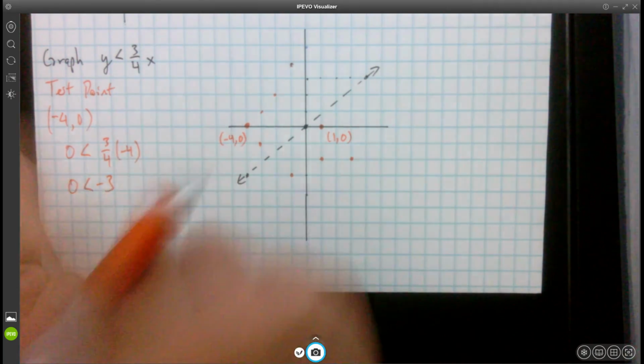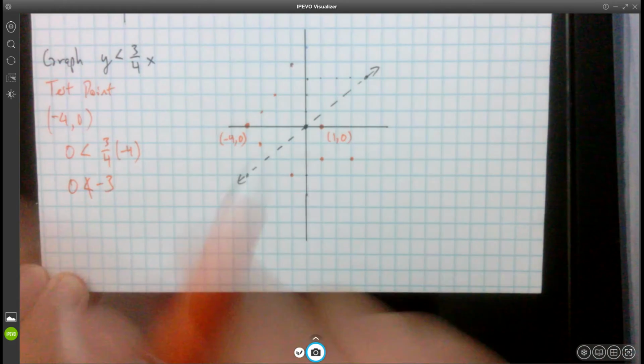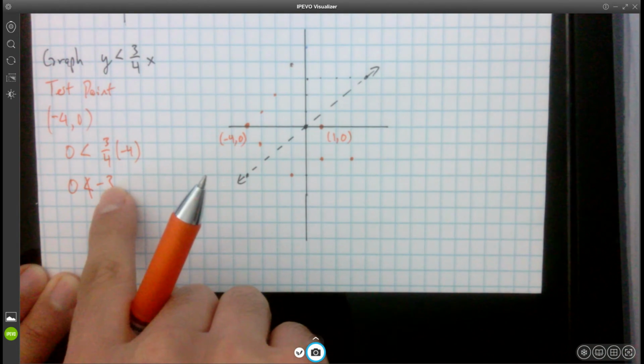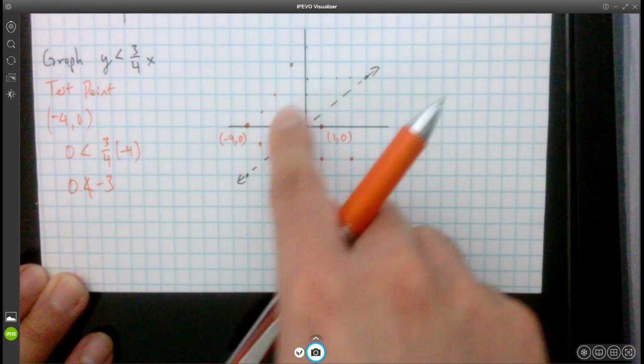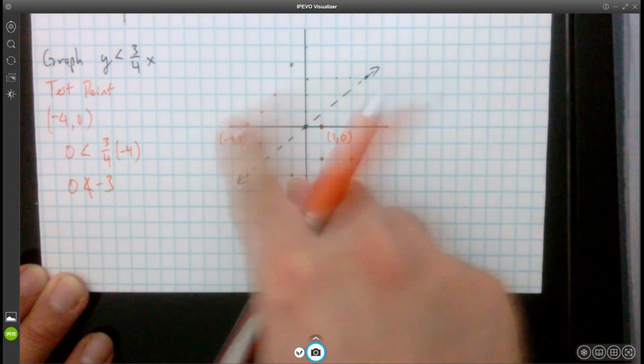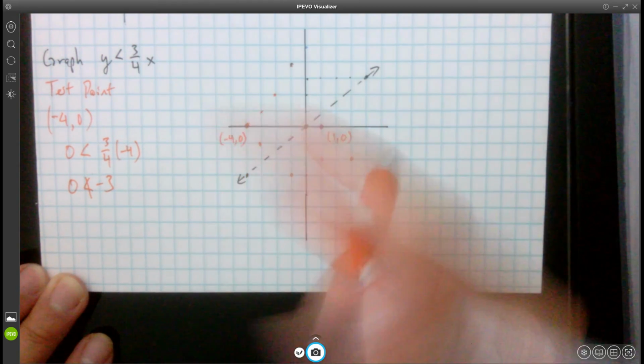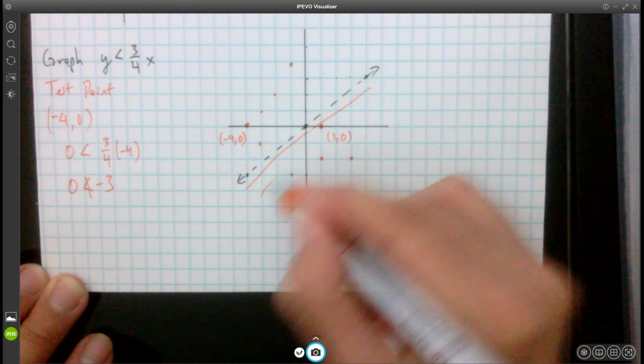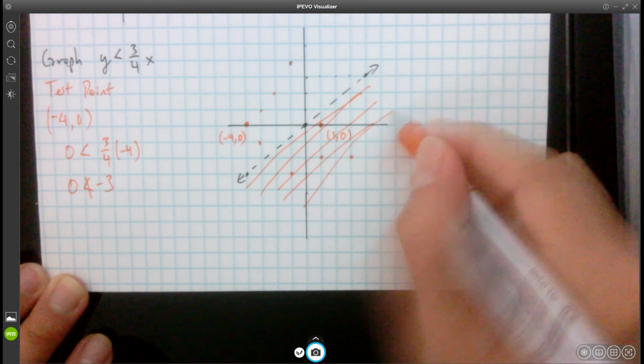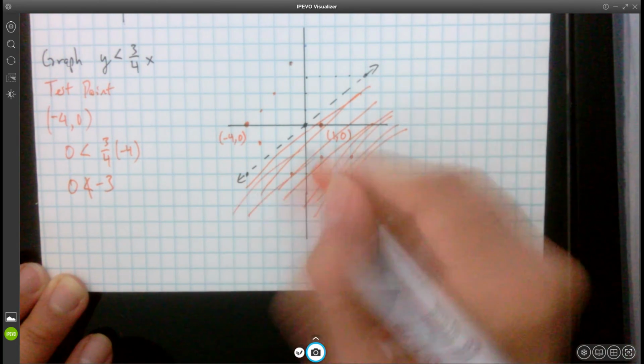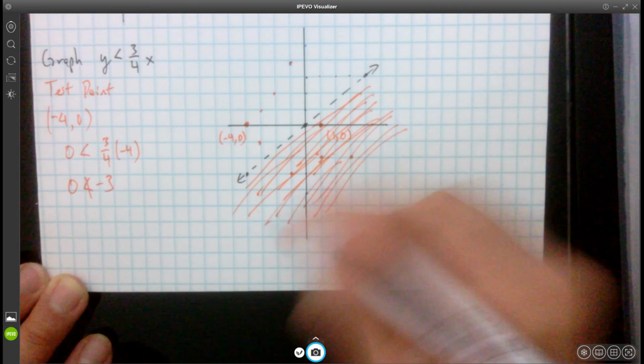Now, 0 is not less than negative 3. So this right here is not my solution. All of these points over here are my solution, right? Everything below my line is a solution.